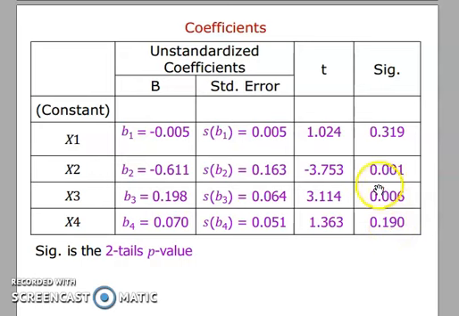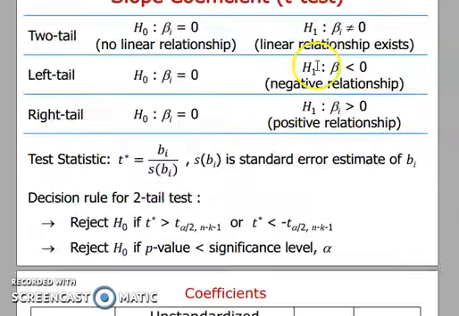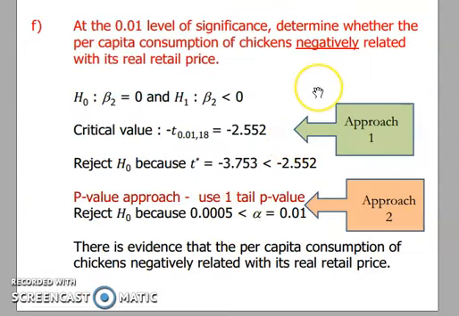So we will reject the null hypothesis when we test for beta 2 equals 0 and also beta 3 equals 0. Here the decision is do not reject H0, here reject H0, and also do not reject H0. So the p-value shown in the estimation output is for the two-tailed test.